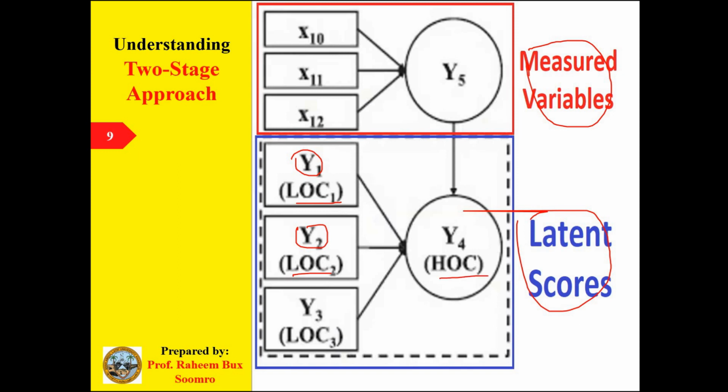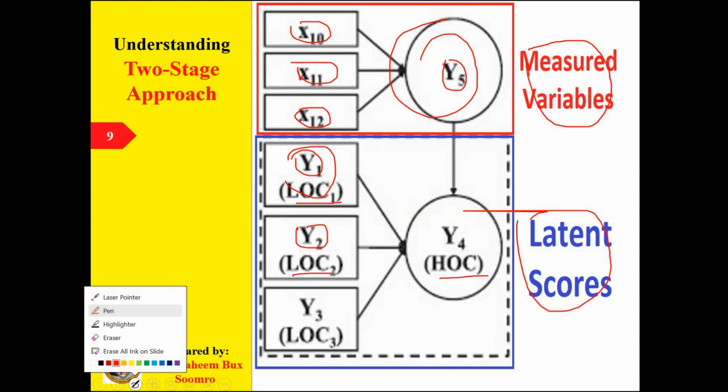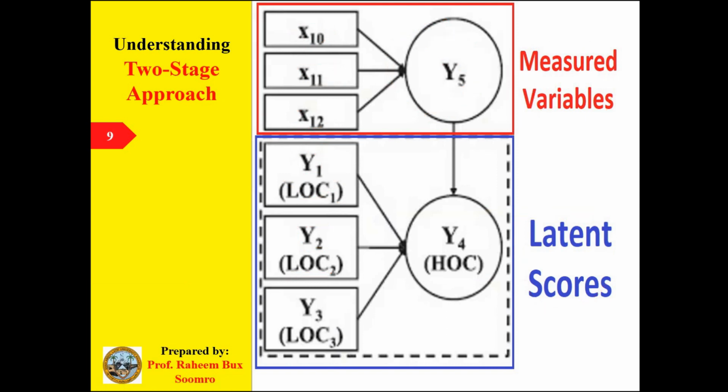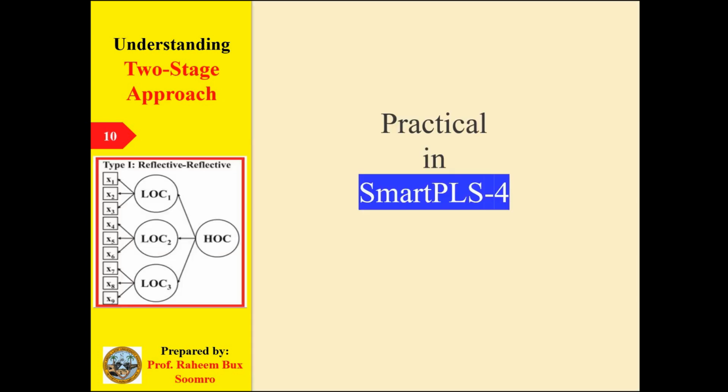But in the case of the measured variable, this construct has 3 items, x11 to x13. So this one is a multi-item construct, these are sub constructs, and these are single item constructs, and this is their higher order construct. This is the difference between the disjoint and the embedded approach. In the disjoint approach, we always have a mixture of the measured variable and the latent variable score.